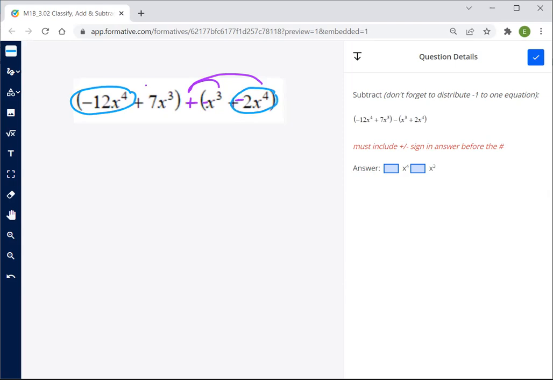So that is -12 and then -2, which is -14x squared. And 7 minus 1 is +6x cubed. And I already see that I put a squared here. That should be to the 4th power. So we get -14x to the 4th plus 6x to the 3rd.